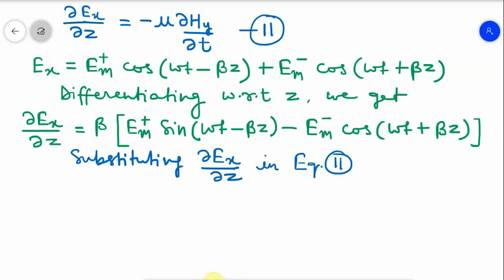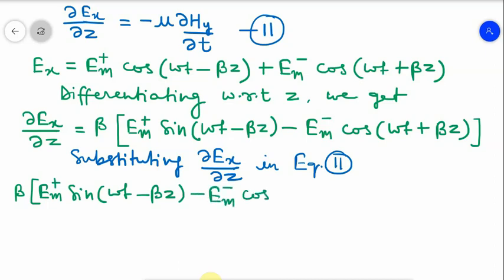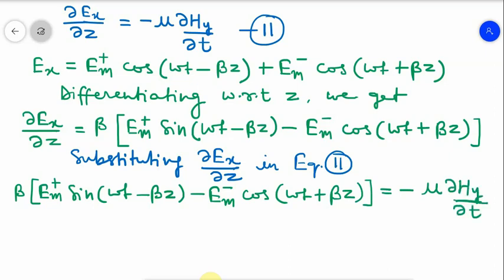So after substitution, what will we get? We will get this beta Em plus sine omega t minus beta z minus this Em minus cos omega t plus beta z and equals to minus mu del Hy upon del t. So this we will get after substituting this.